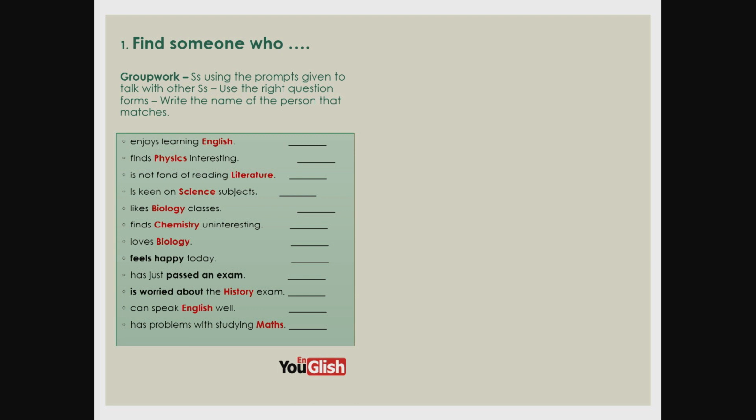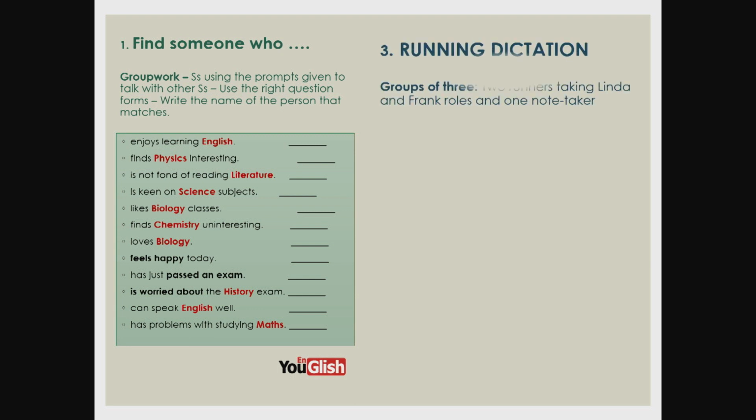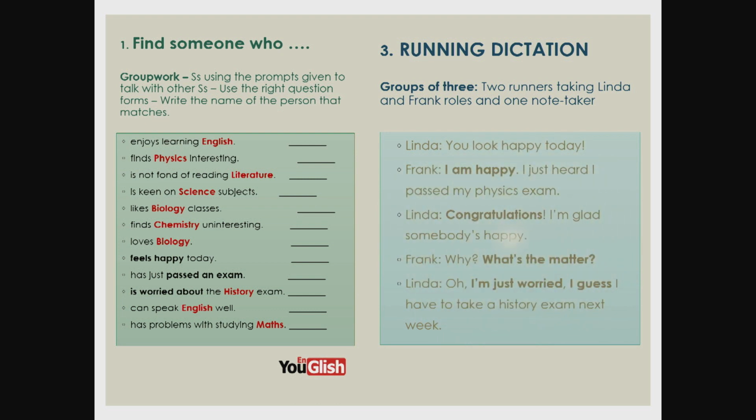Students can even go to different resources like Youglish to identify and practice the speaking and also the pronunciation of some of the words. Also, you can have a warm-up section where students walk around and practice using some of the words denoting the different subjects studied at school, and use some adjectives denoting emotions. So they can also practice running the station using these activities, and they can also practice the conversation.